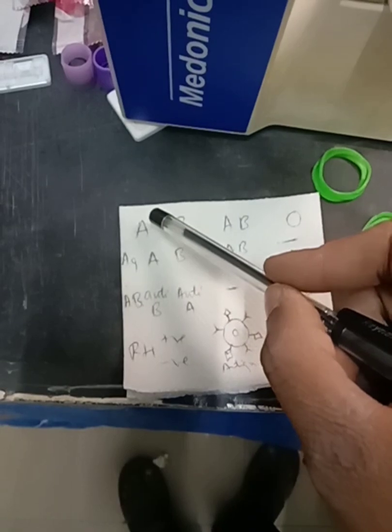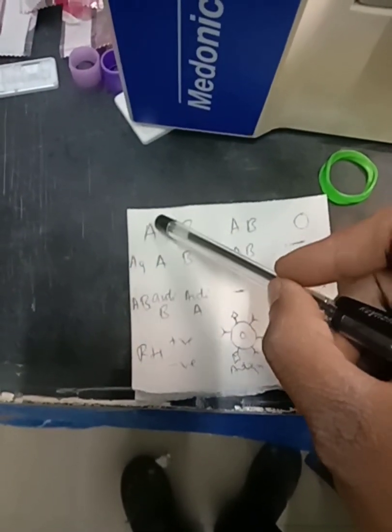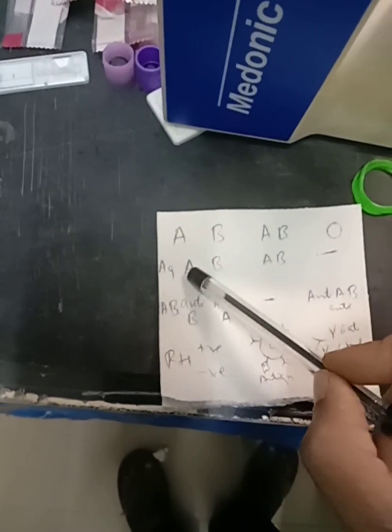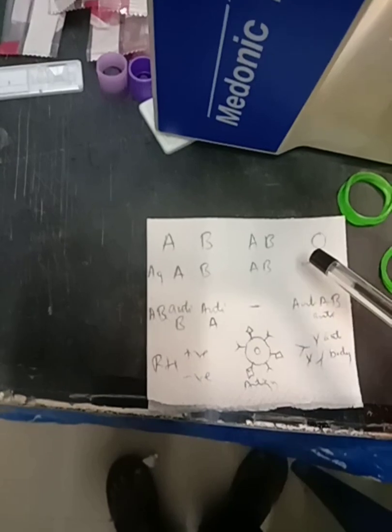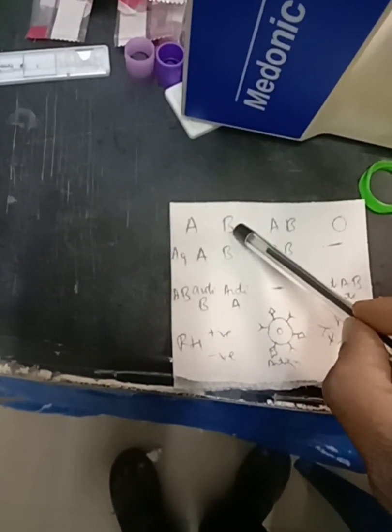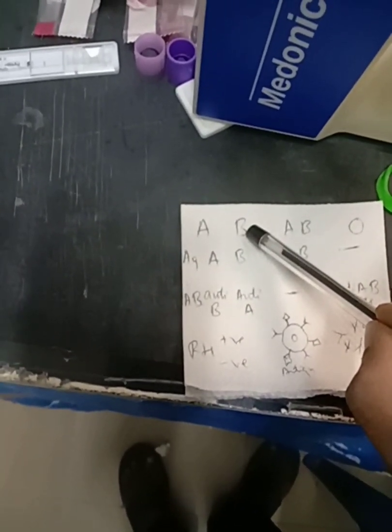So a person with A blood group has to take blood from A, or he can take from O because there is no antigen. A person with B blood group has to take blood from B or O, as O is the universal donor.